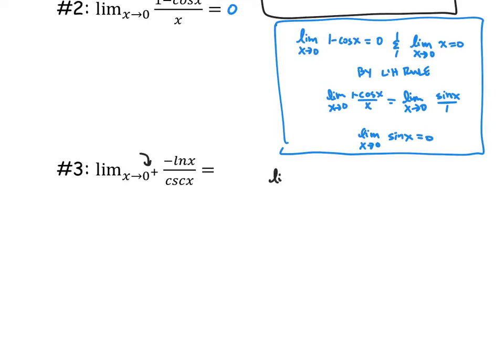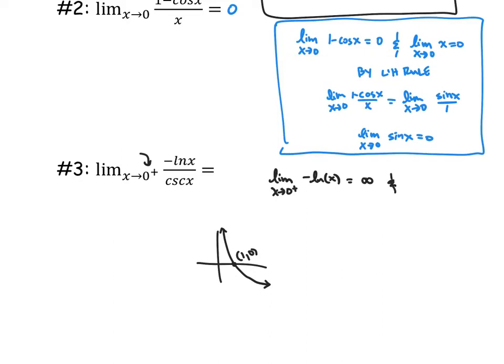So let's take the limit as x approaches 0 from the right of negative ln of x. If you were to visualize that, here's what negative ln of x would look like, where this would be the point (1, 0). Clearly as x approaches 0 from the right, that's going to positive infinity.